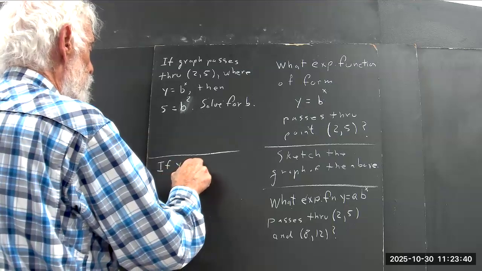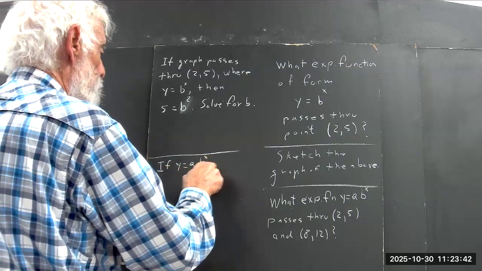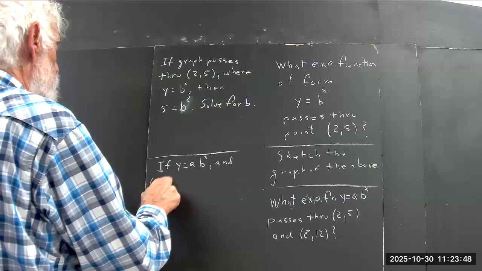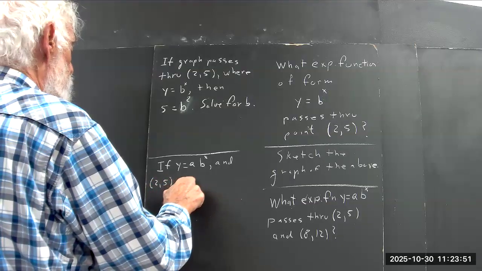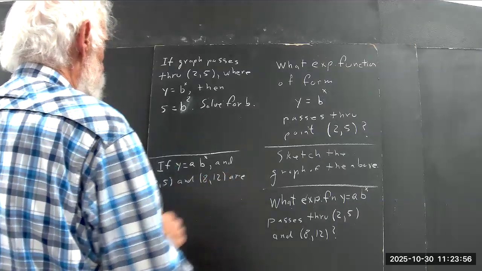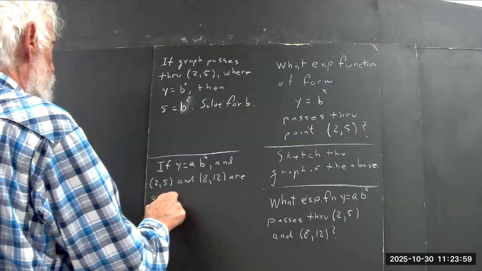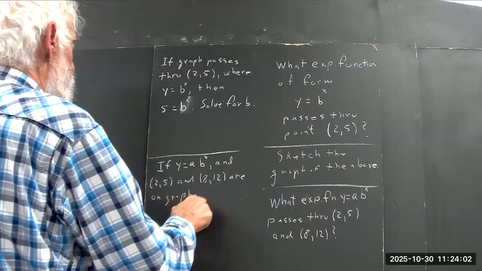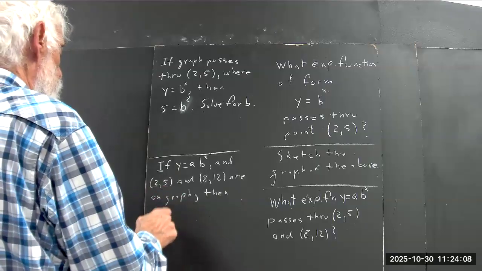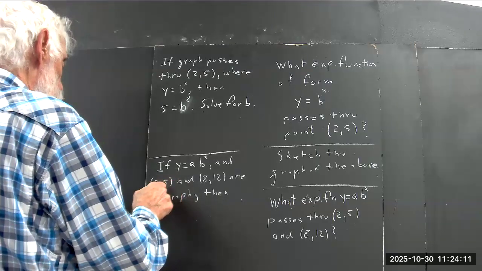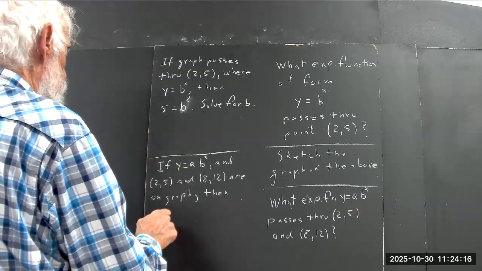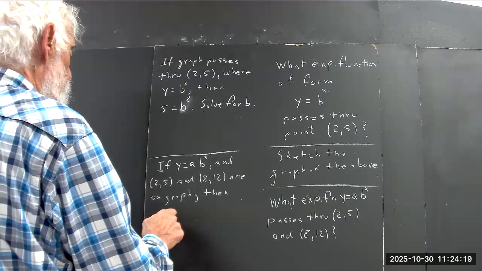If y equals a times b to the x, and (2, 5) and (8, 12) are on the graph, then we can again substitute (2, 5). That's the same point we just substituted up here, but this is a different function.